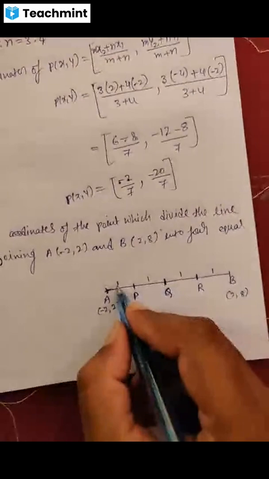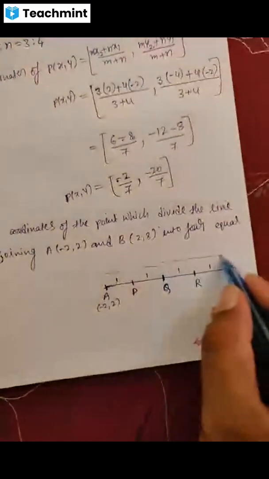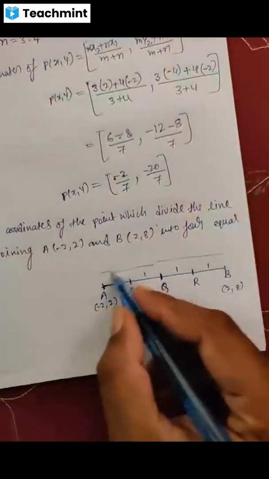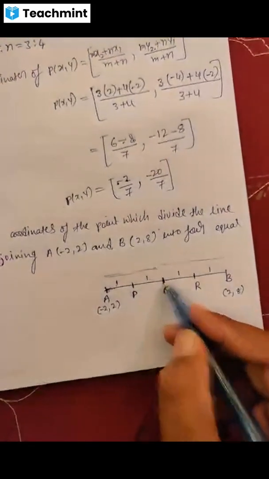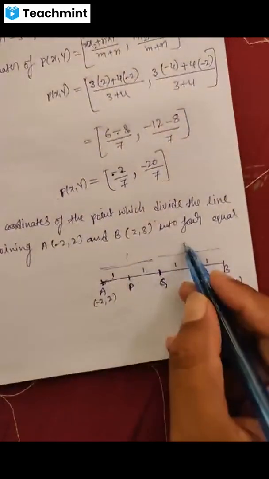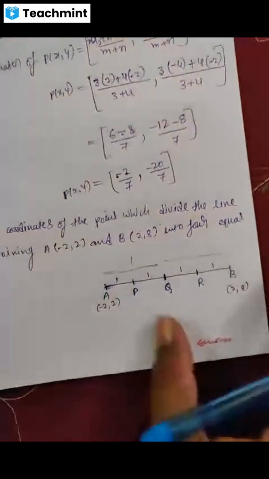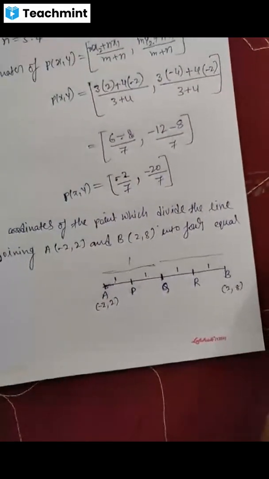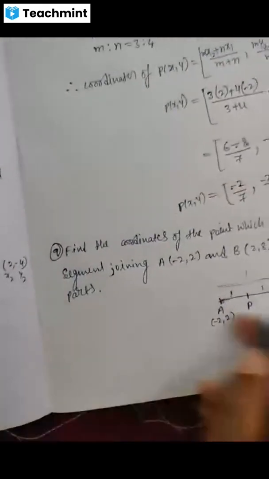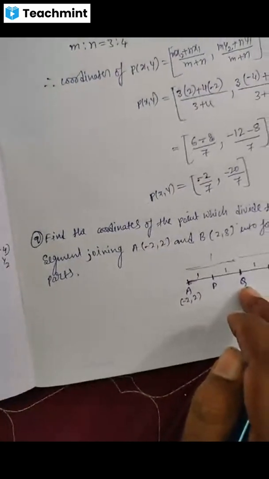You can also take here to here 2 unit, here to here 2 unit. That is also okay. Otherwise, you can take AQ is equal to QB, that is also considered as 1 unit, or you may take 2 divided by 2, m divided by n is 1 divided by 1. Okay, right. To find the coordinates of Q, first what will you do?